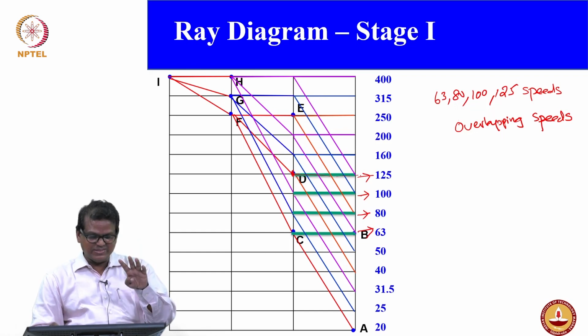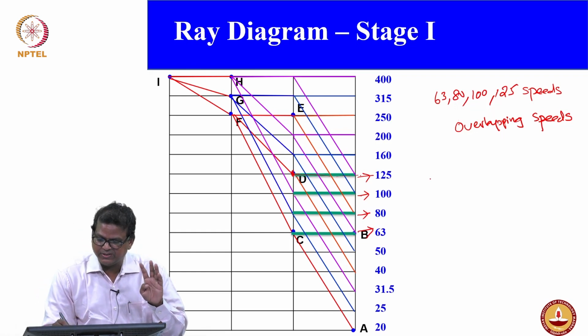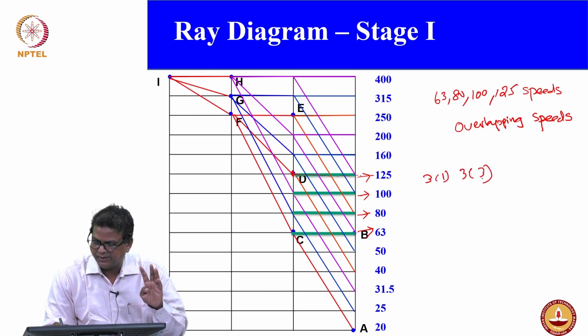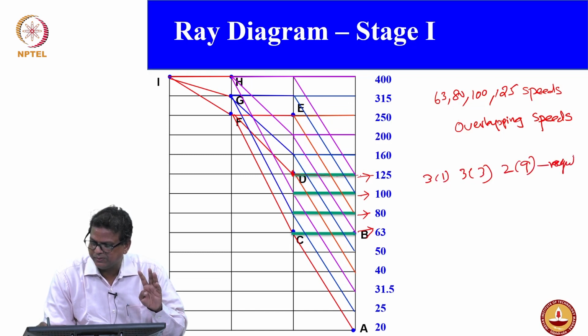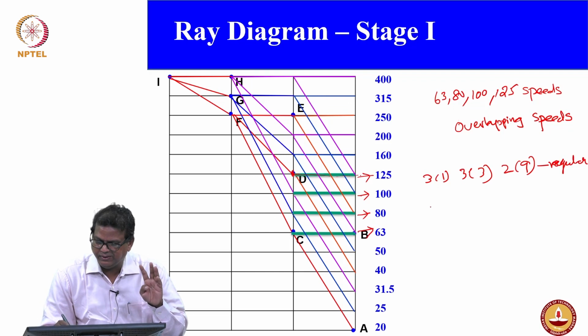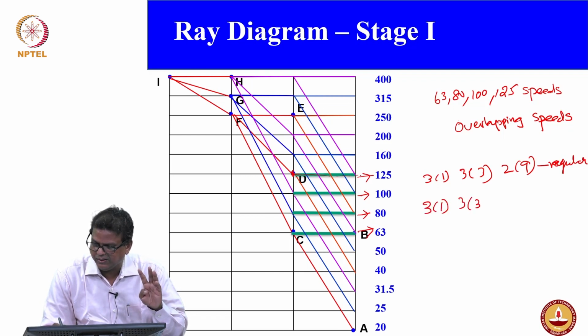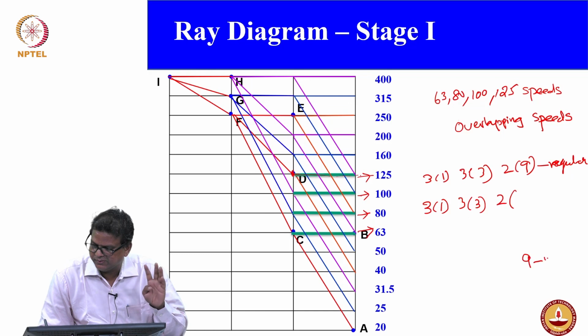So now do you understand? The 18 speed is supposed to be 3 of 1, 3 of 3, and 2 of 9. This should be the regular one. What we have done is 3 of 1, 3 of 3 and 2 of 9 minus 5, I am sorry, 9 minus 4.